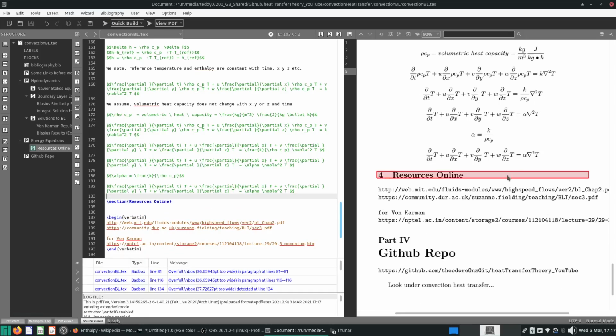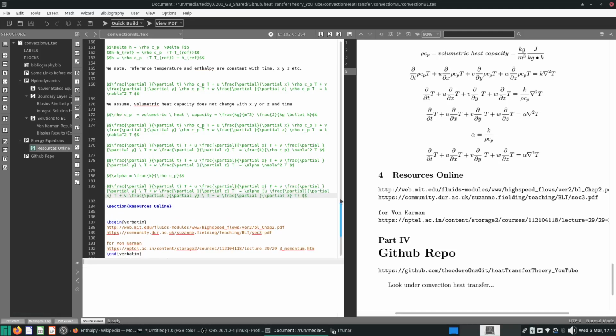Okay, so we'll just replace the Laplacian term here. So partials, this is in Cartesian coordinates, and then we are done for this video.